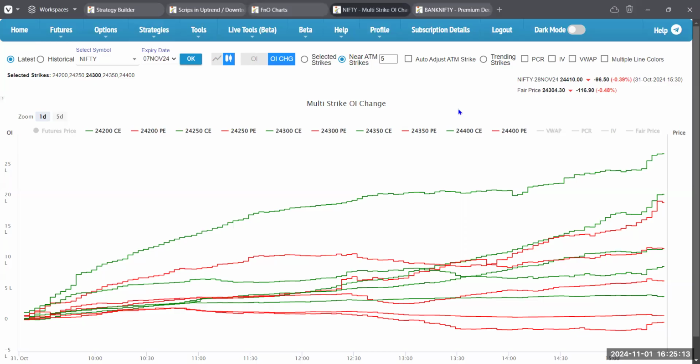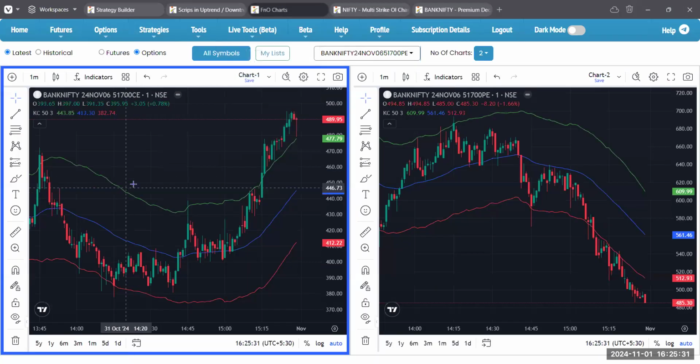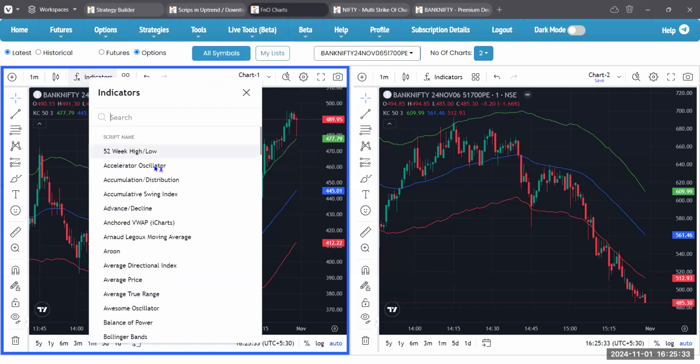So the intraday IV chart is available. If you want it for the option itself, you can go to the 1 minute TradingView tool here. For this strike, you can add IV.